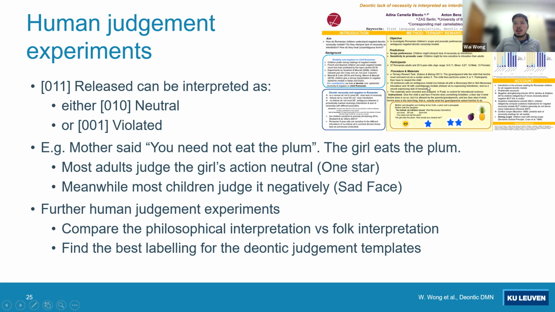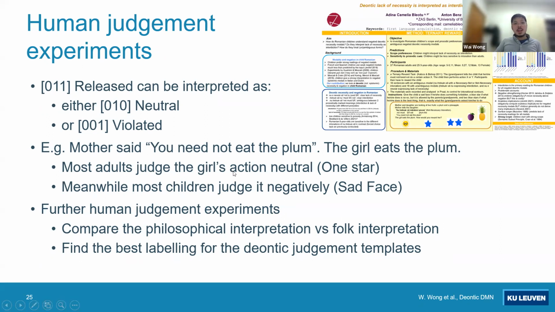Someone at that conference was also working on Deontic interpretation, and they gave an example: a mother says you need not eat the plum, and the girl eats the plum anyway, and then they ask participants to judge this action. They found that most adults judge the girl's action as neutral, while most children judge it negatively.